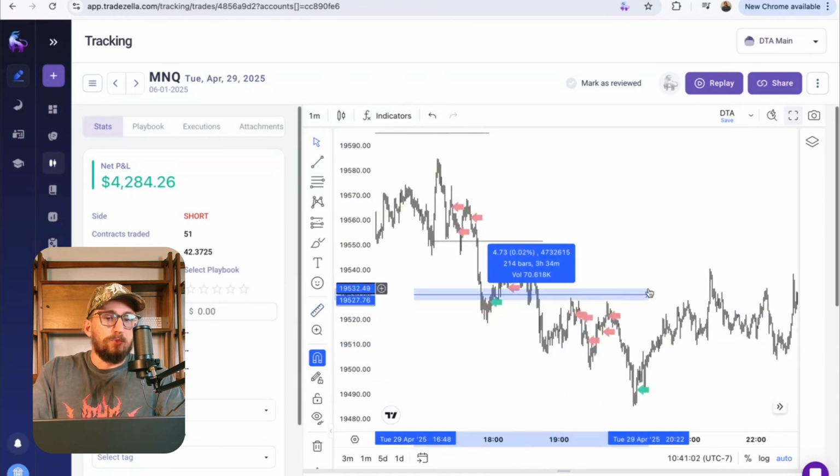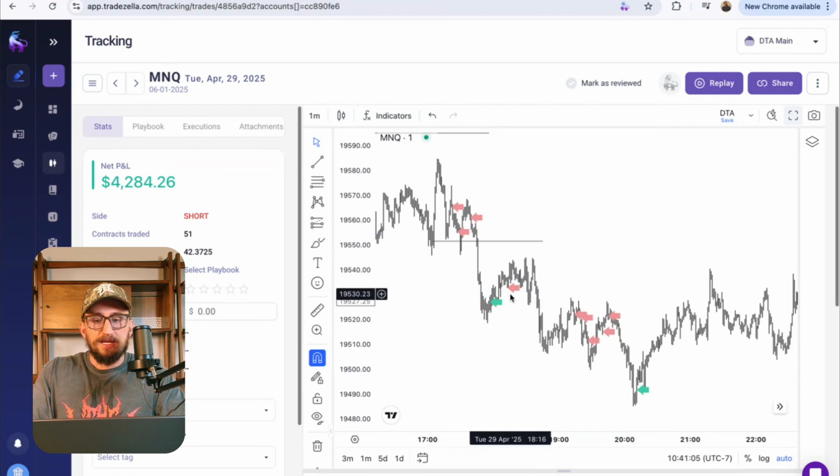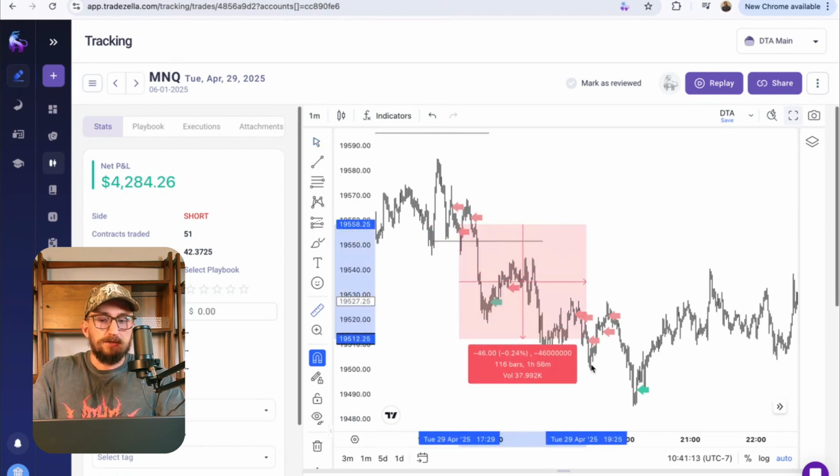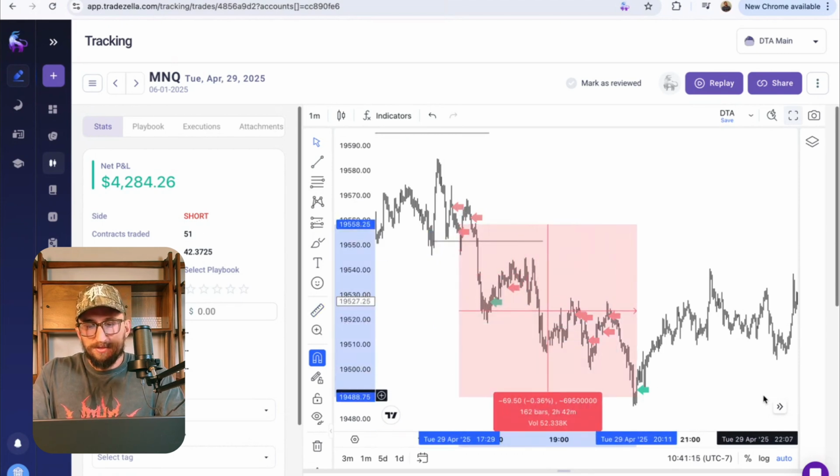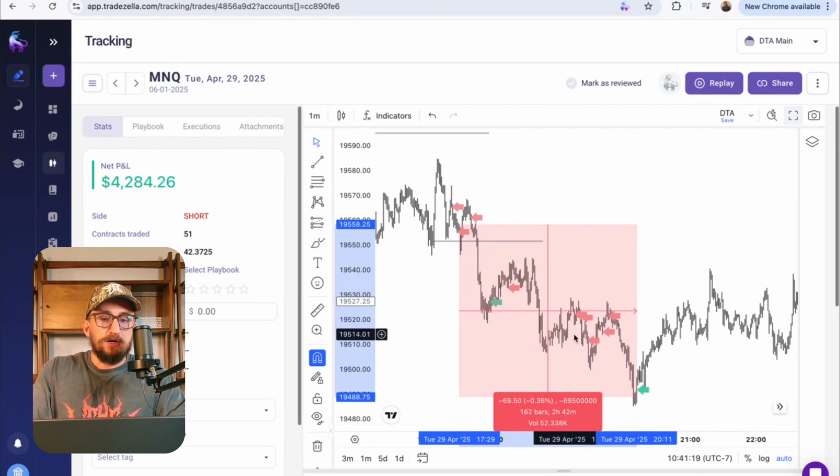I'd rather have more contracts at a lower price because it equals more profit. Compare, if we had 20 contracts here, which we did, down to here, 70 points, that's a decent day. But with 50 contracts, we're able to get more out of that move. It's a trade we're already taking. We're just simply looking to supercharge our best plays.